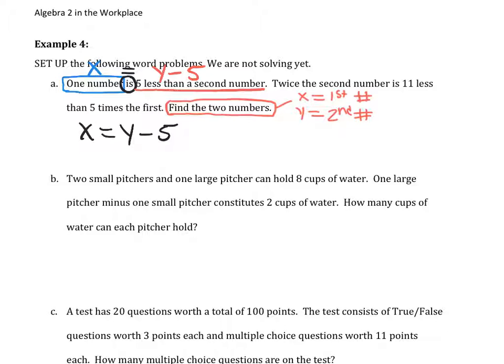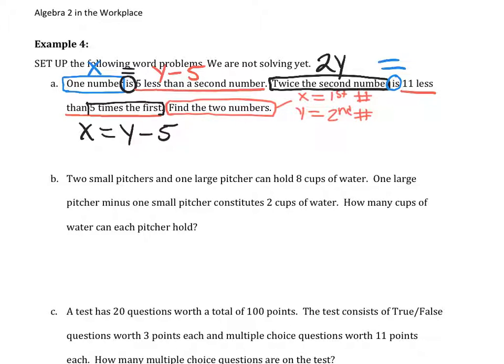Okay, then we look at our second sentence. Now we have twice the second number. What's that going to look like? 2 times y is, what does is mean? Equals. Then we have 11 less than 5 times the first. What would that look like? What about this 5 times the first?